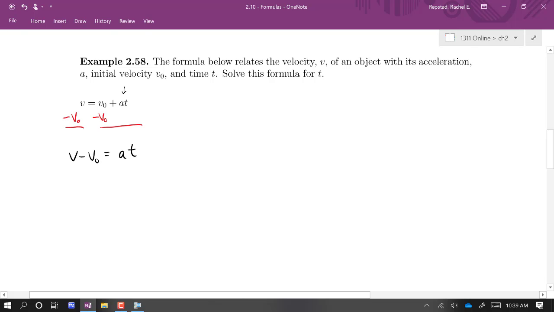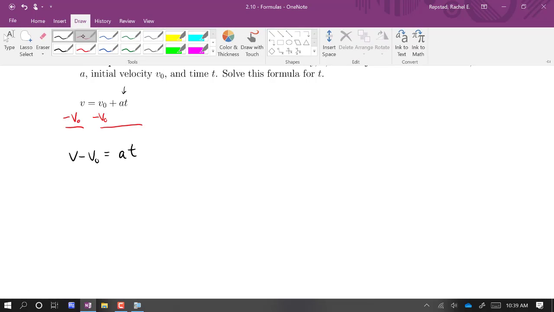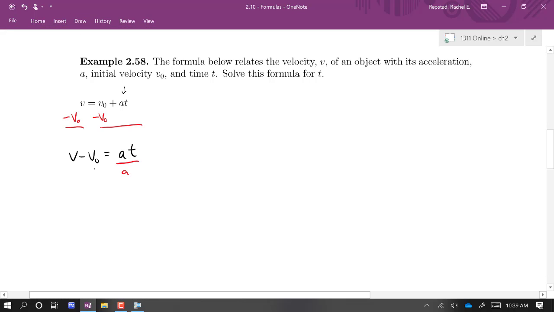And now the only thing that's happening to t is that it's being multiplied by a, so we'll divide. And again, I'm going to flip this around so that t is on the left. And there's our result.